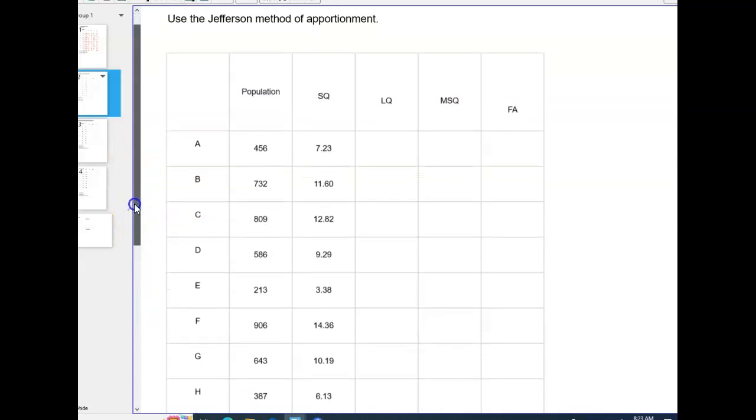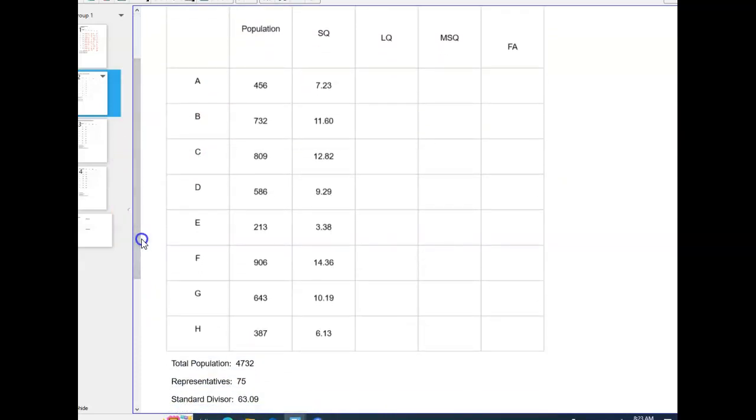Okay, so with this one here, we're going to do our lower quota first.